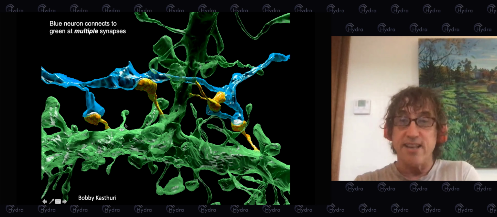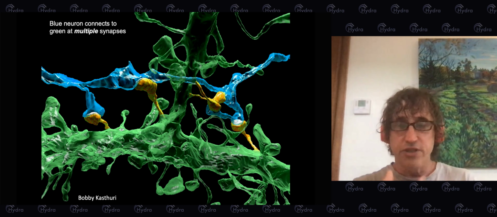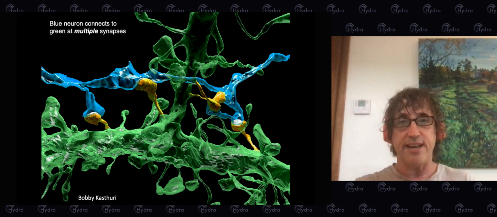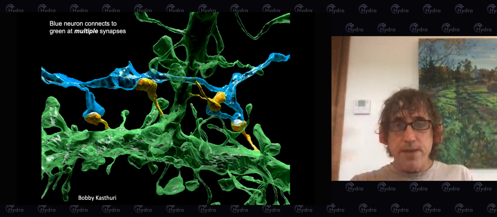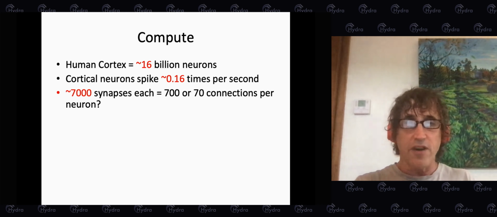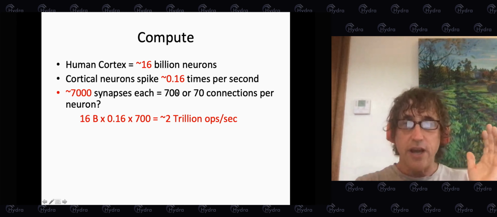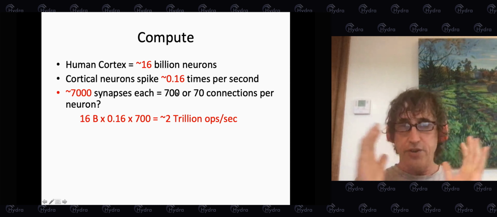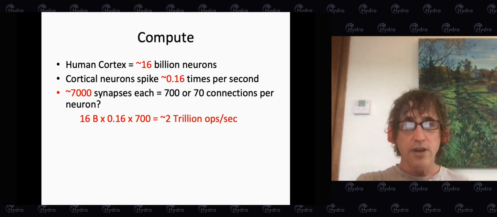Well, what does this tell us? It tells us that if you have 7,000 synapses, then you probably don't have 7,000 connections to other neurons. Maybe it's only 70, but let's just assume that it's 700. So I'm going to assume that you have 700 connections for every neuron in your cortex. What does that tell us?